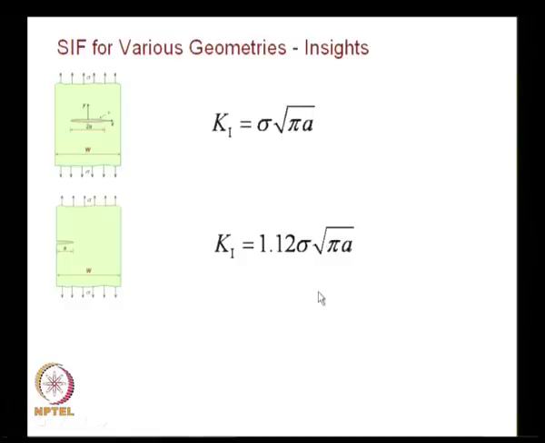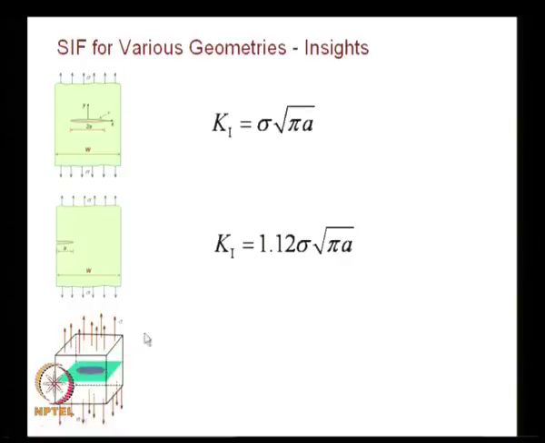On the other hand, when I have an embedded circular flaw, what we noted, the stress intensity factor remains constant on the crack front, and in comparison to a center crack in an infinite plate, the stress intensity factor is lower, it is 0.64 times sigma root pi a.